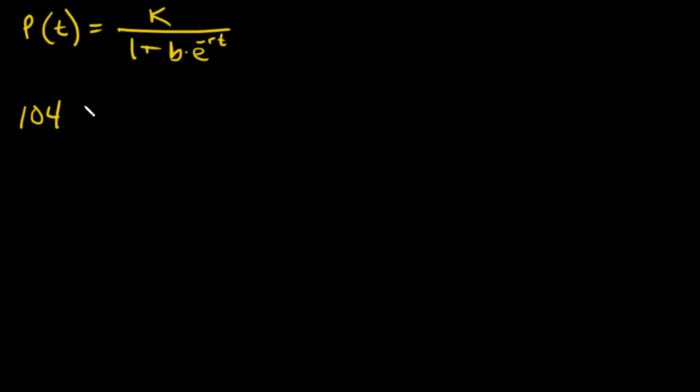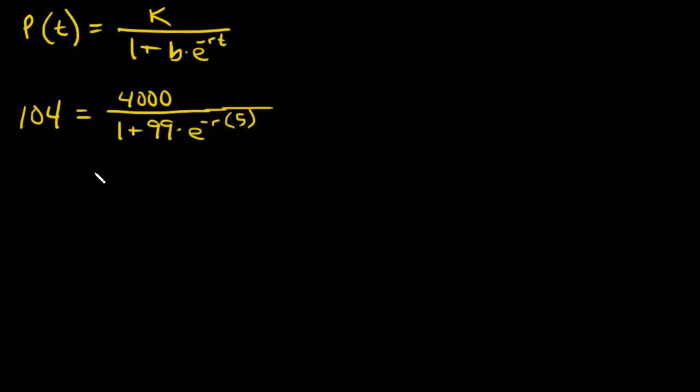And then that's equal to K, which is our max pop of 4,000, divided by 1 plus our B, which is 99, times e to the negative, for our R, we're trying to find, so we don't know that, but we do know that the time that we had 104 at was after exactly 5 years, so just like that.